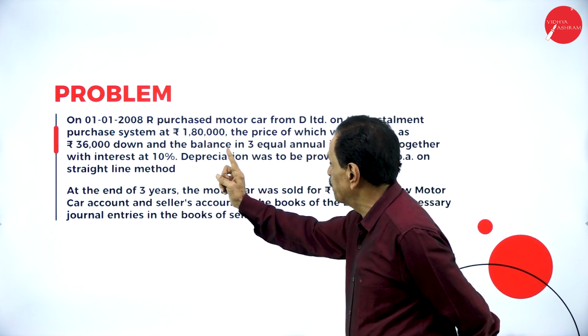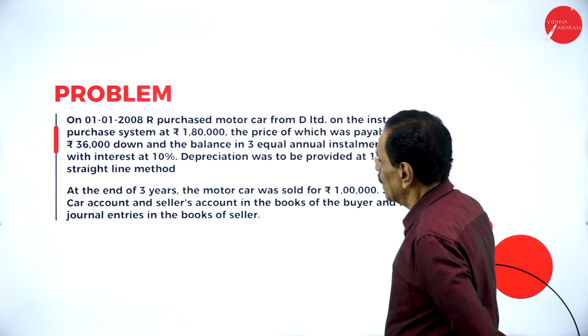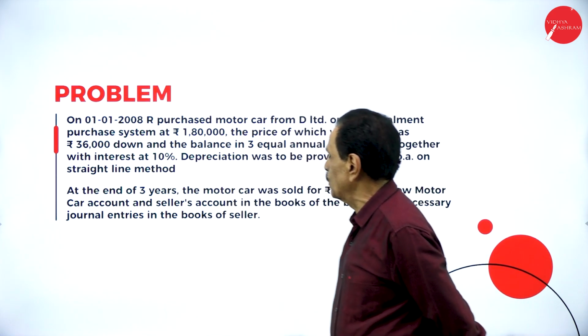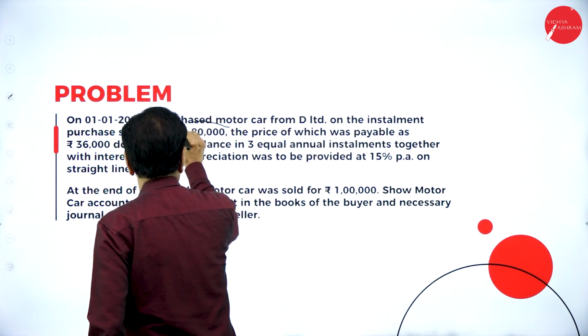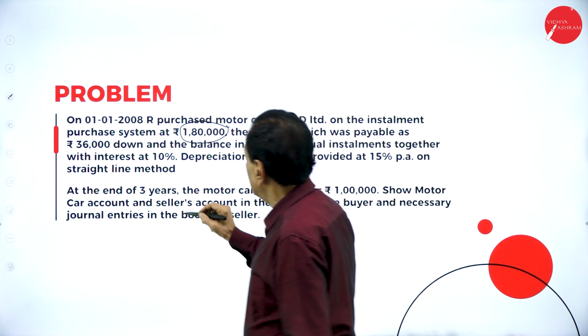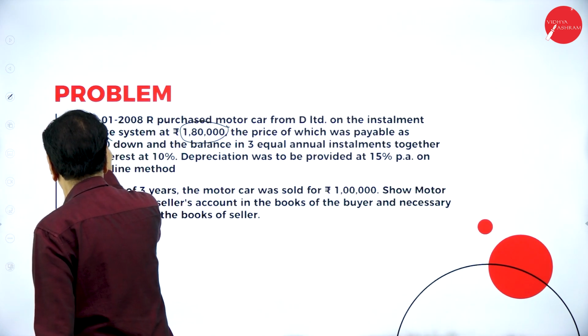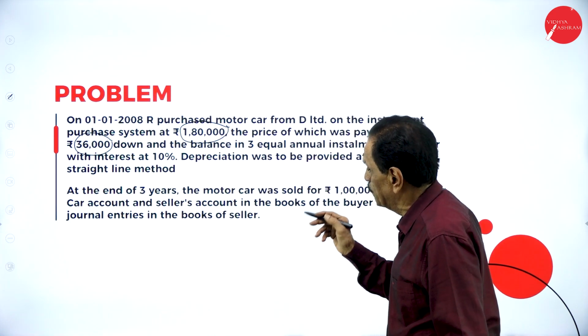On 1/1/2008, R purchased a motor car from D Limited on the installment purchase system at rupees 1,80,000, the price of which was payable as 36,000 down payment. For 1,80,000, 36,000 has been paid.